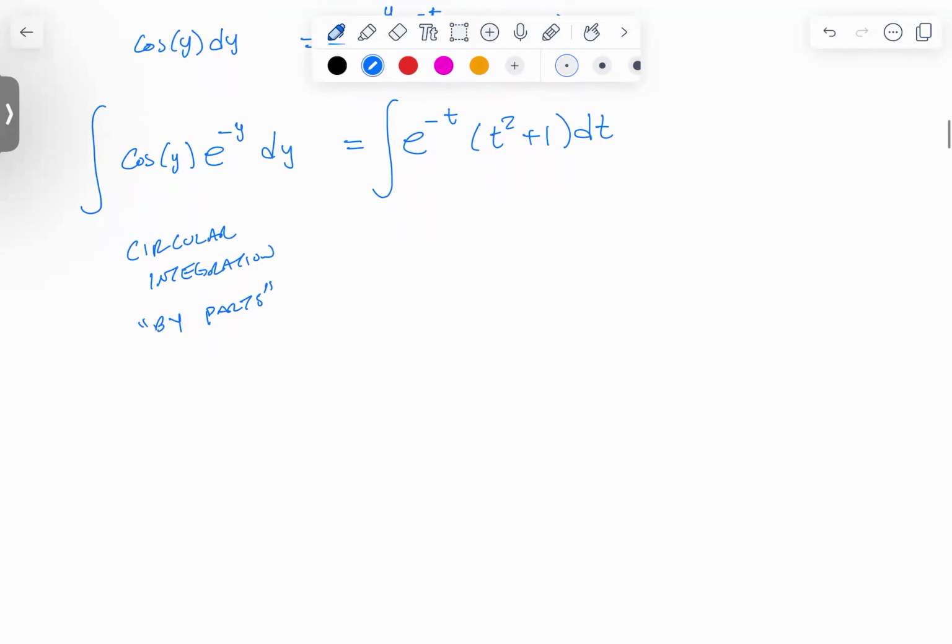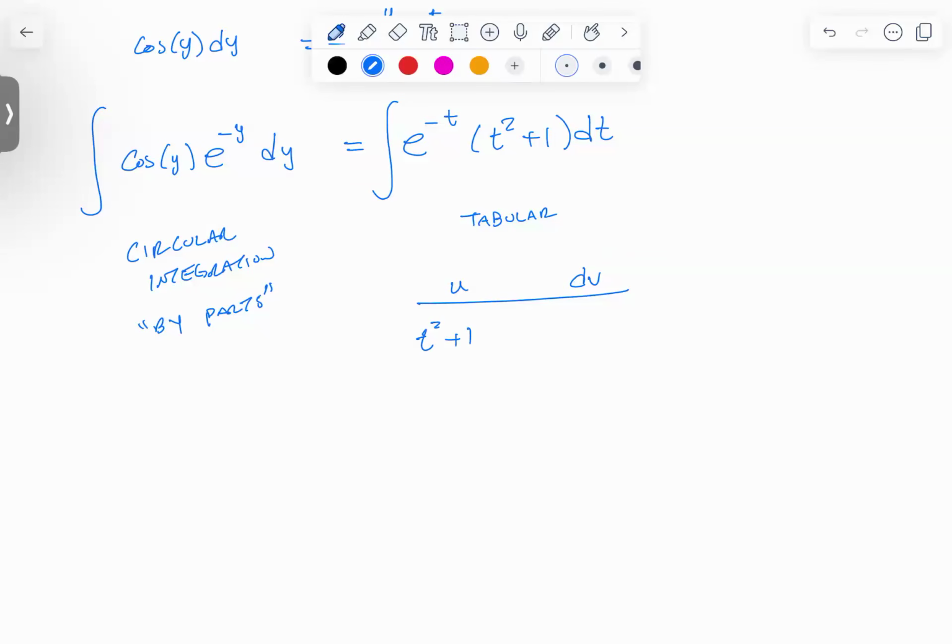They keep coming up. On the right side, this is a good time to recall tabular. If you recall, you set it up as u and dv, and you pick one that's going to differentiate very quickly, so let's do t squared plus 1, and one that integrates repeatedly. I always start with the positive.